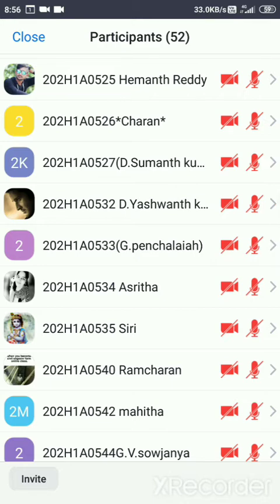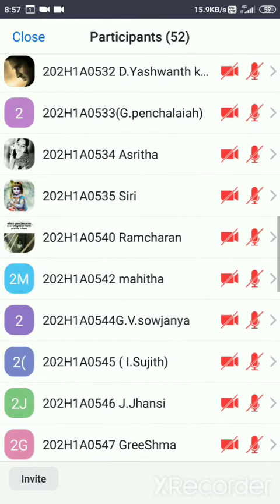Eriochrome Black T is added to hot water at pH 9 to 10. It forms a wine red colored unstable complex with the metal ions Ca2+ and Mg2+ present in the hard water sample.